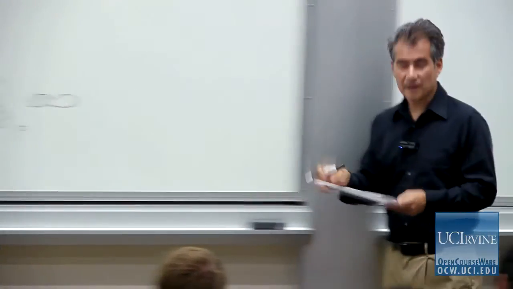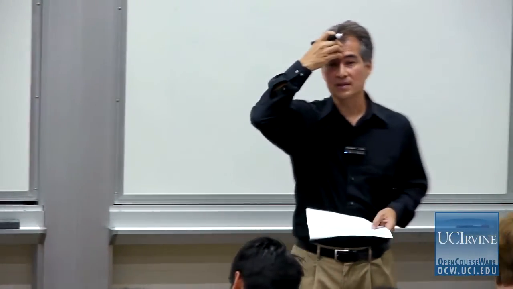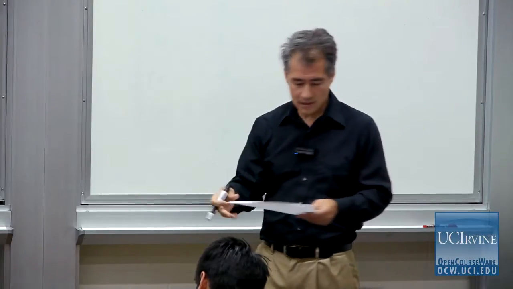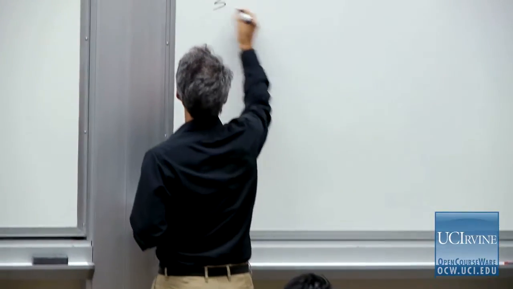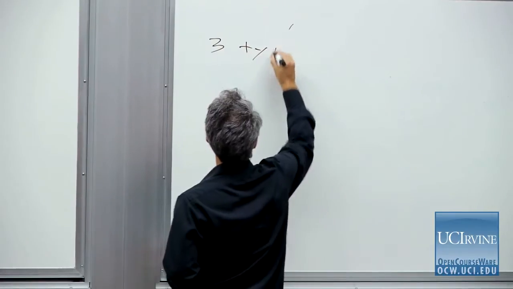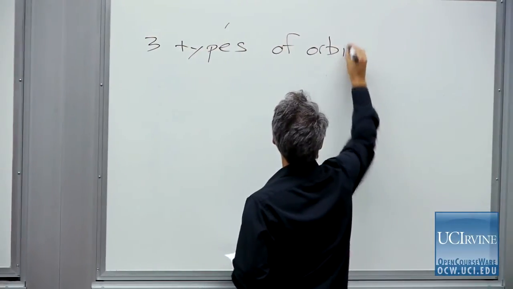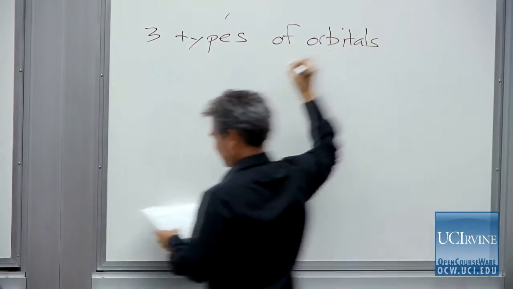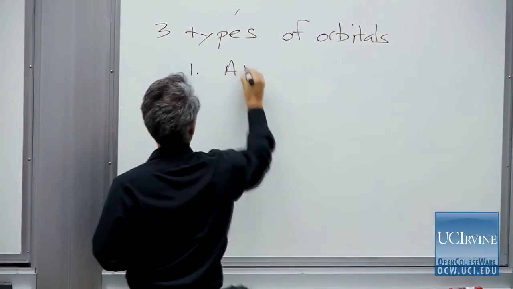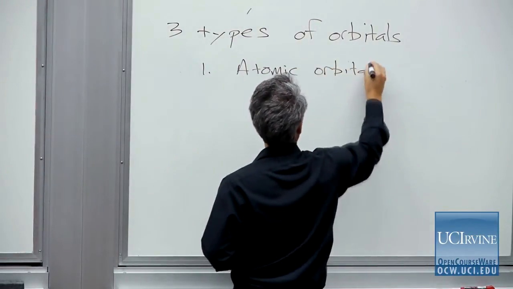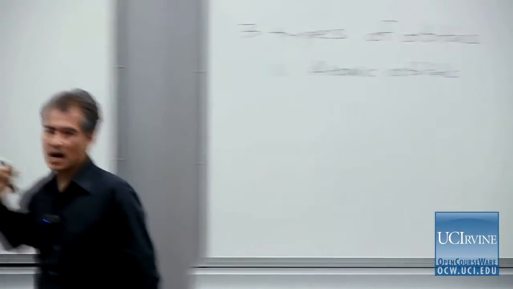Okay, so we're going to talk about three types of orbitals today. And it's supposed to be review for you. Supposedly these are ideas that you've already seen before. And so the intention is to review. So first we're going to review atomic orbitals.